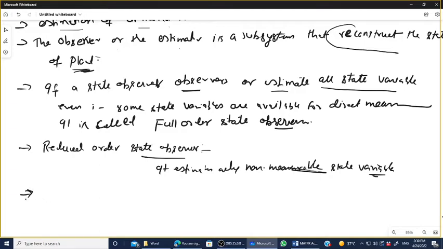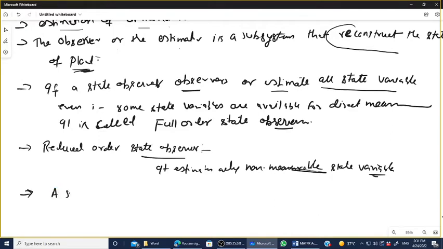In the case of controller design, if the system is completely controllable, then we are able to design the feedback controller gain K. Here, if you want to design the observer, you have to check the observability. You have to ensure the observability of the system. Why? Because you are going to estimate the state variables using the output and input, right?